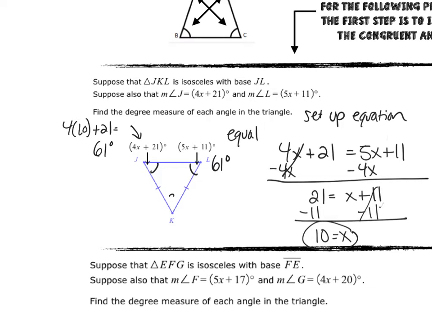But to find this last angle, angle K, I'm going to have to take the two 61 degrees, add them together, and I get 122 degrees. And to figure out what's left over, remember they all equal 180. So we're going to take 180 and subtract 122. And we get what?